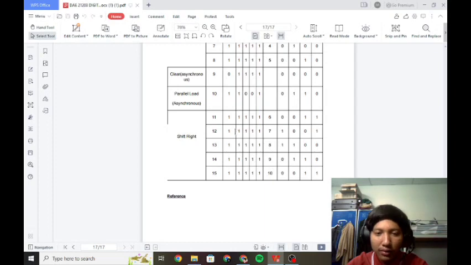At line 12, clear is 1, input A is 1, B is 1, C is 1, D is 1. At clock pulse 7, we will have output A and D will be 1, and the rest will be 0, like output B and C.